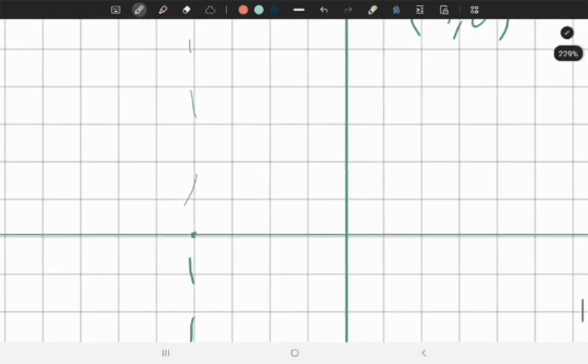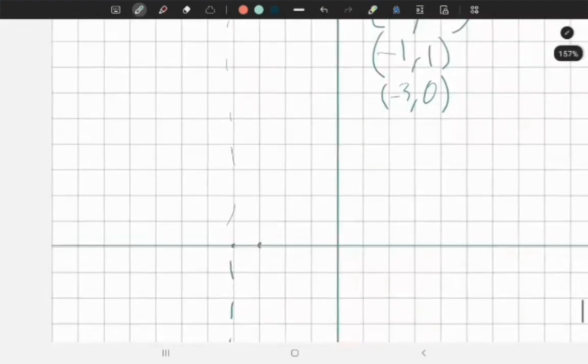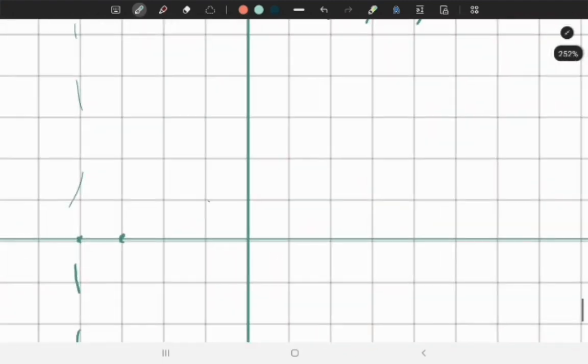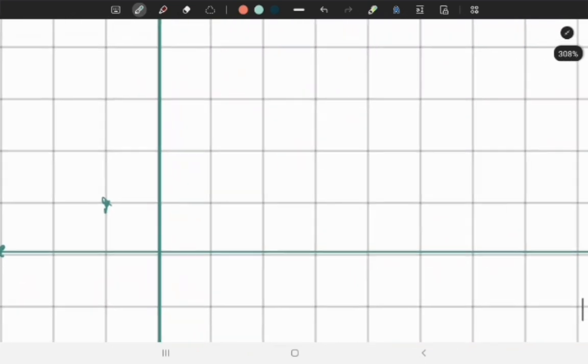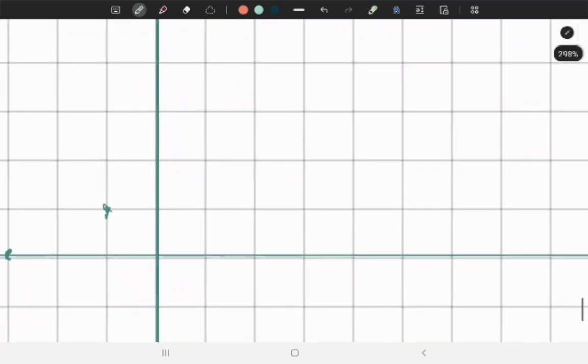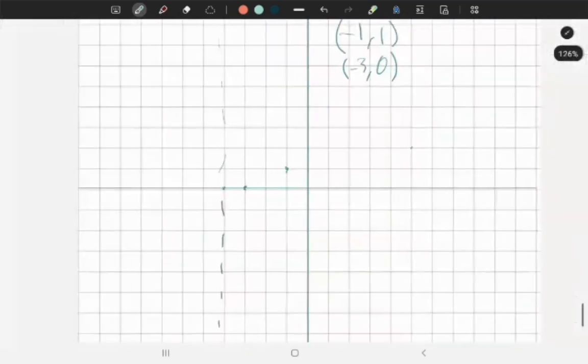Now negative 3 is right there, and this is 0. Negative 1, 1 is right here, and 5 and 2 is 1, 2, 3, 4, 5, right here.